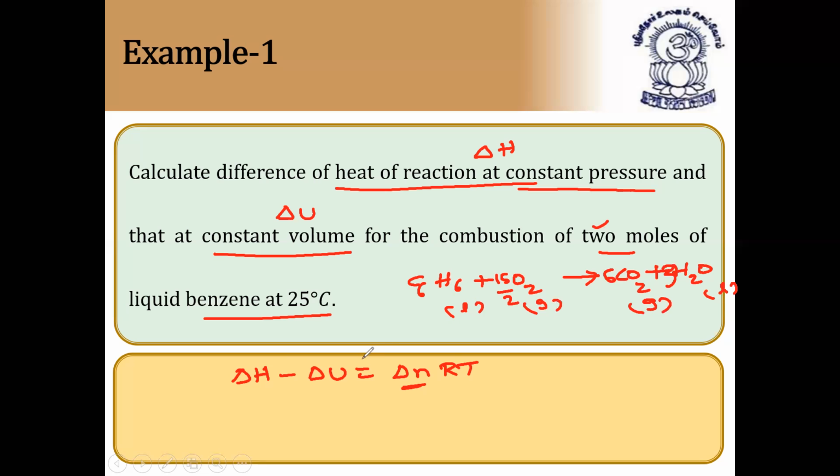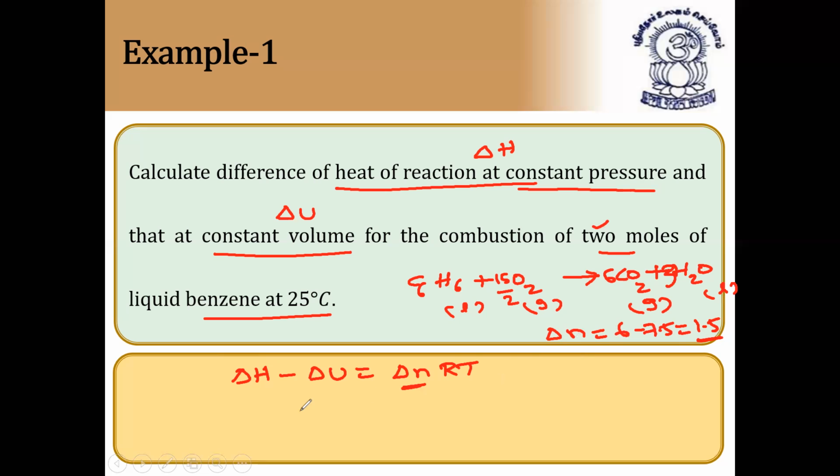So for 1 mole, delta N is equal to how much? 6 minus 15 by 2, that is 7.5. It is equal to 6 minus 7.5, that is minus 1.5. So for 1 mole of benzene combustion, the delta N value is 1.5 in magnitude. For 2 moles, automatically the delta N value becomes 3.